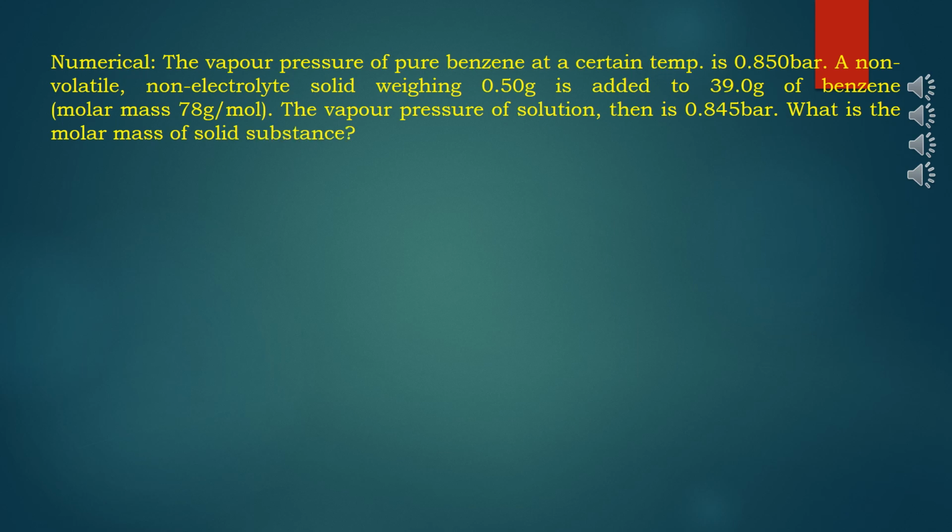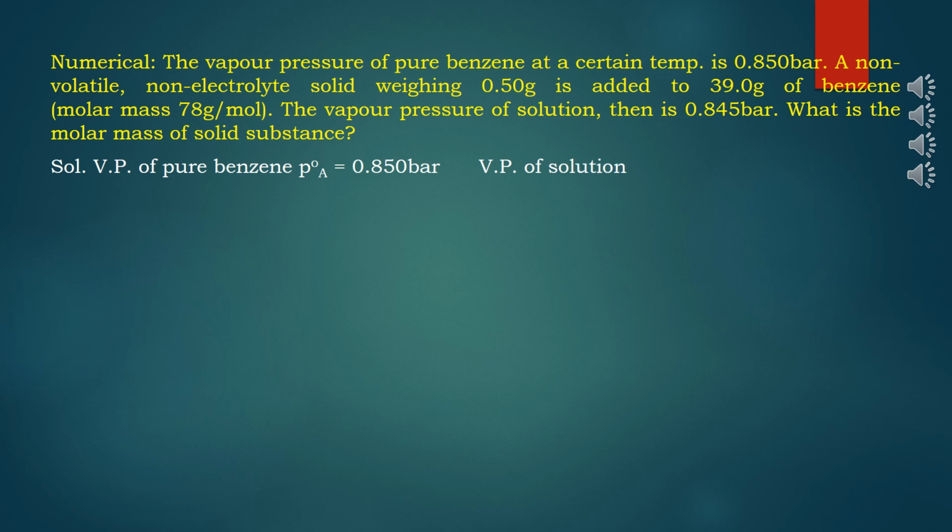So in this numerical, the solvent is pure benzene and the solute is a non-volatile unknown solid. So let's start the calculations. The vapor pressure of pure benzene, Pa naught, is given to us, which is 0.850 bar.